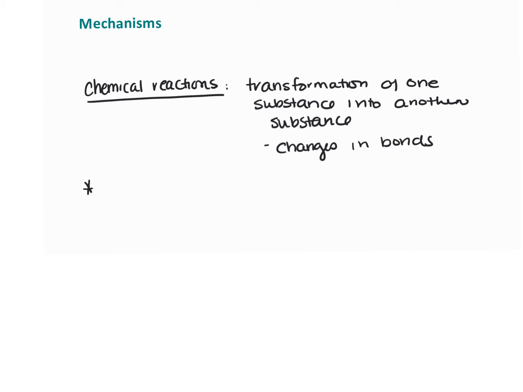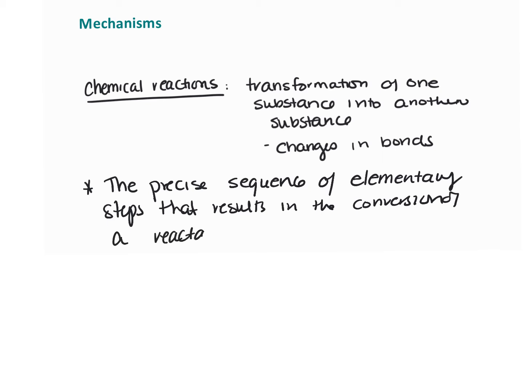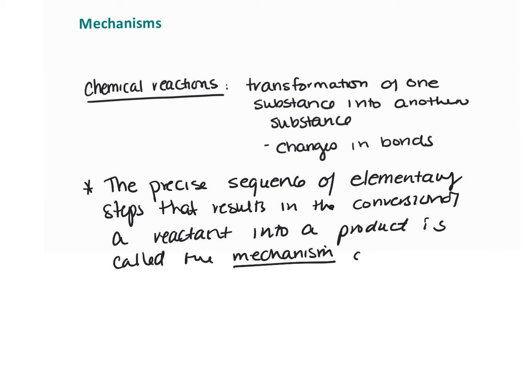So when we talk about the precise sequence of elementary steps that results in the conversion of a reactant into a product, that's called the mechanism of the reaction. So these are those elementary steps.